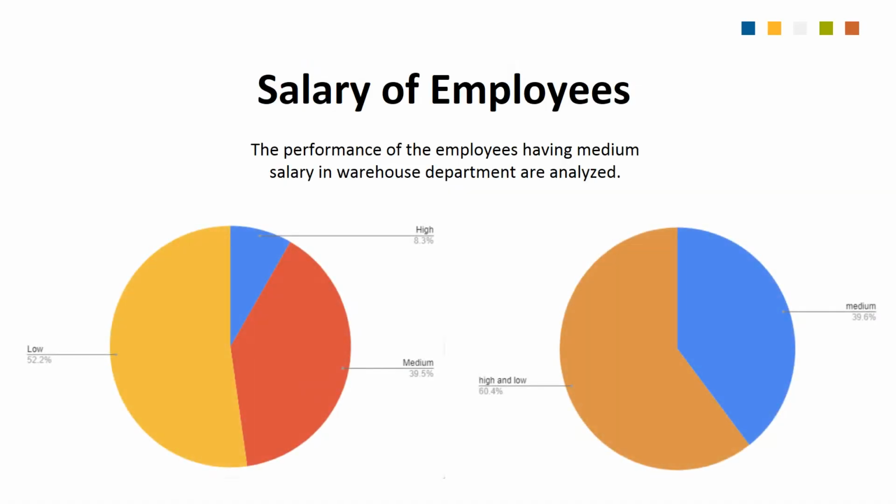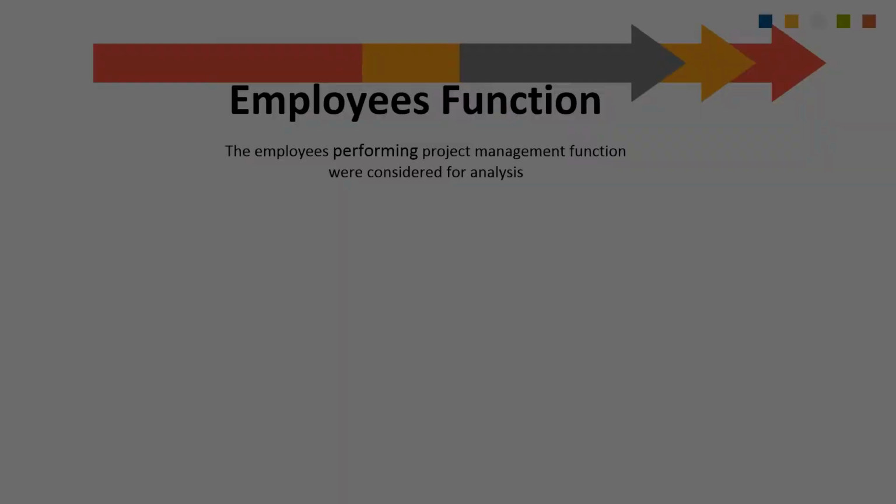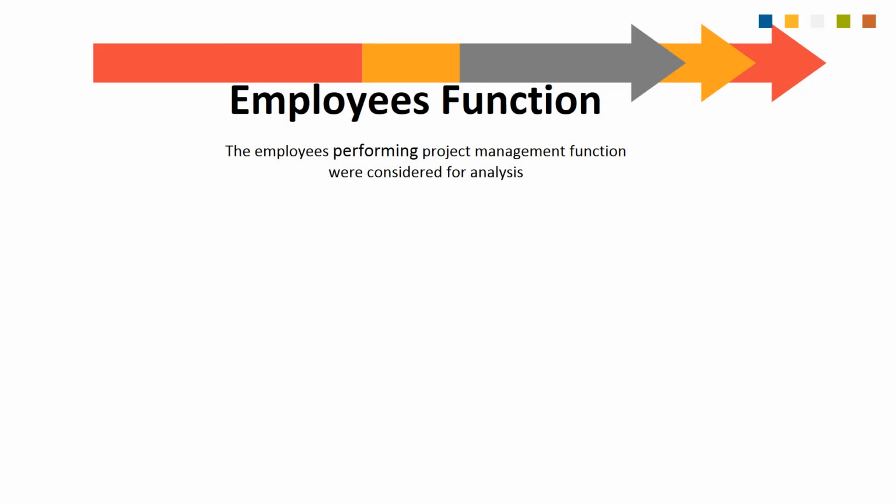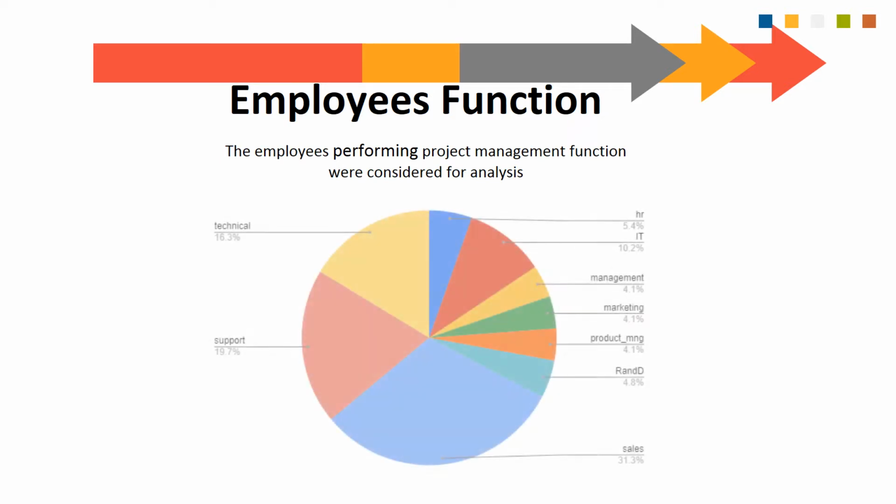Further, the performance of employees having median salary, which forms a greater part at 39.6%, were compared to those having higher or lower salary. Finally, the employees performing product management function were compared to the employees performing other functions.